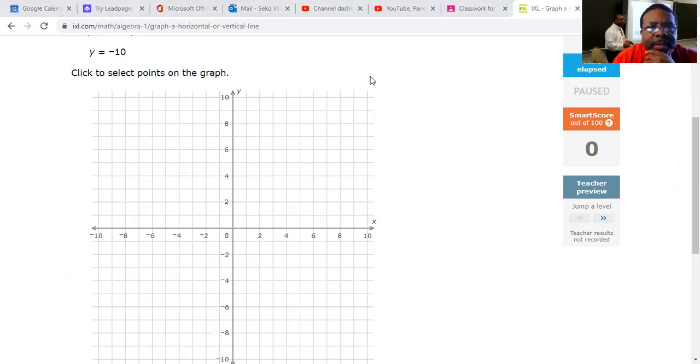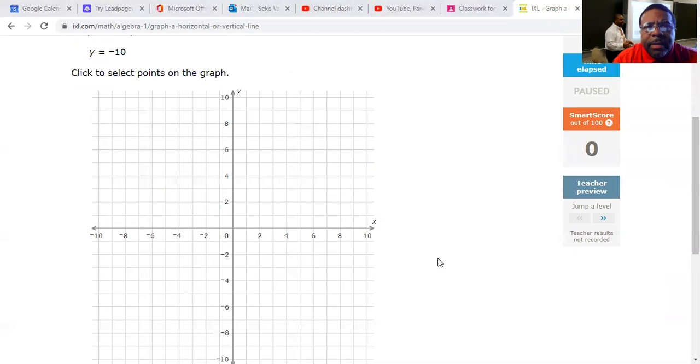So this one says y equals -10. Well, I showed you what to do if it was x. We're going to do something very similar if it's just y. If all you see is y equals -10 and you don't see an x at all, then all you're going to do is go to y and go to -10.